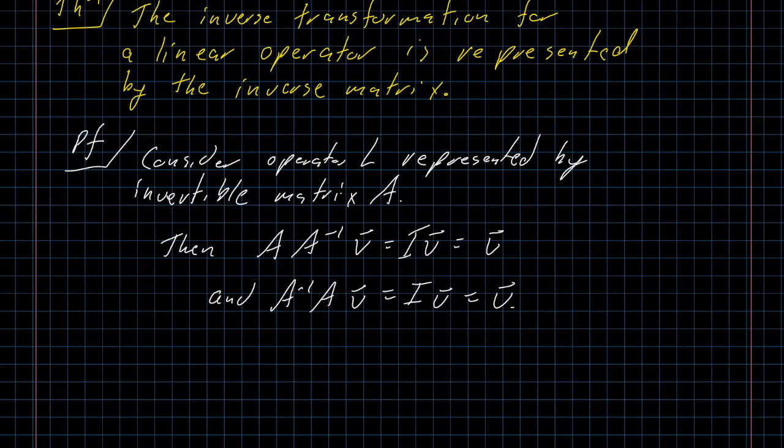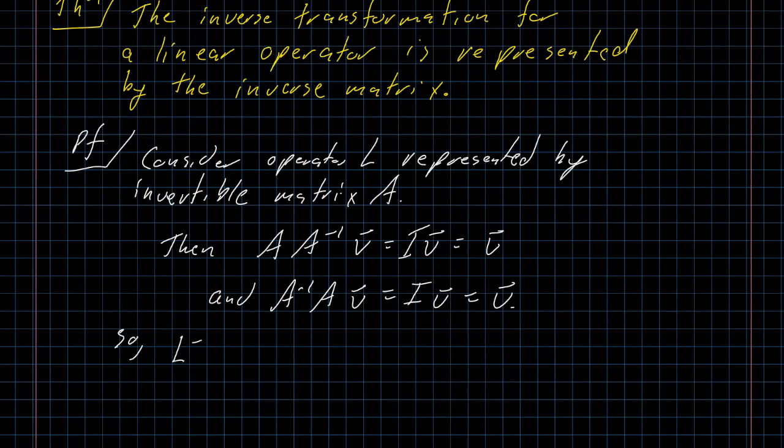Or A inverse times A is also the identity matrix, and identity matrix times V is V.